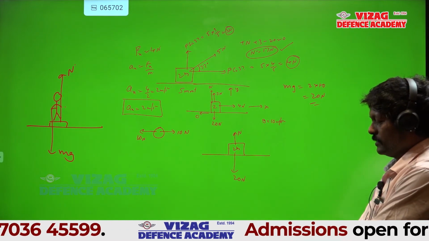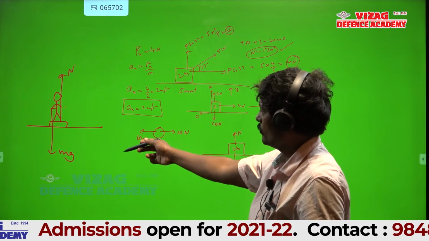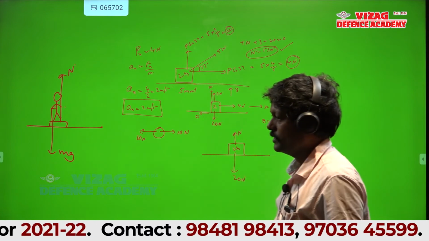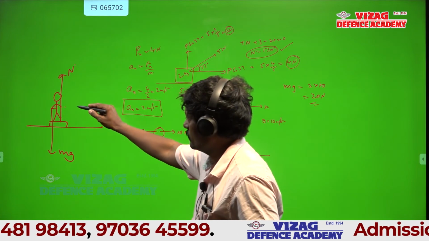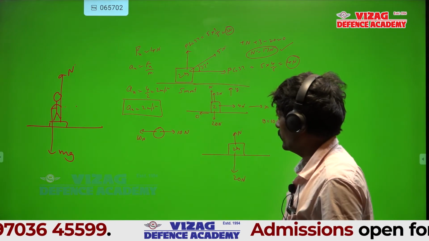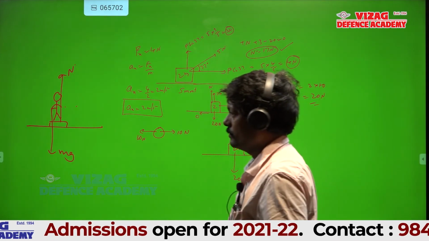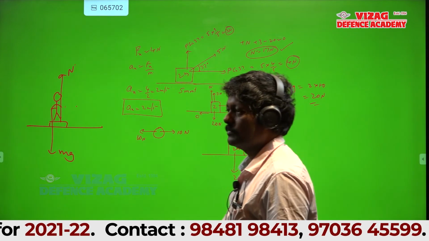When the weighing machine is stationary and you are standing on it, what is the normal reaction? N equals mg.